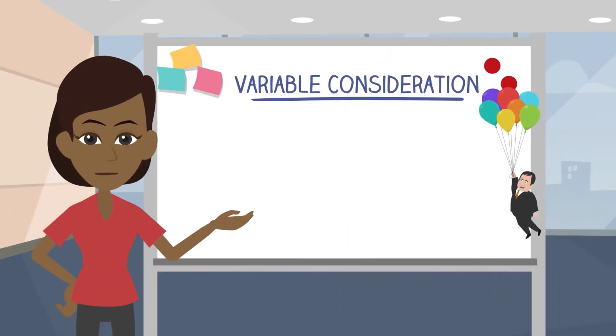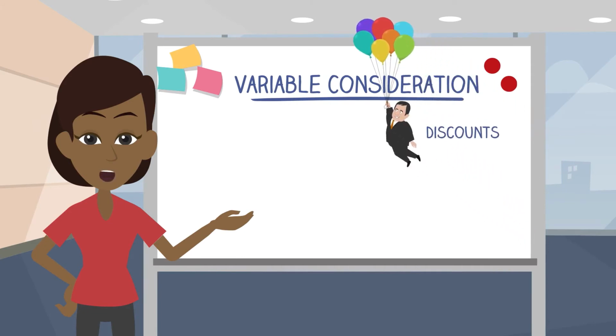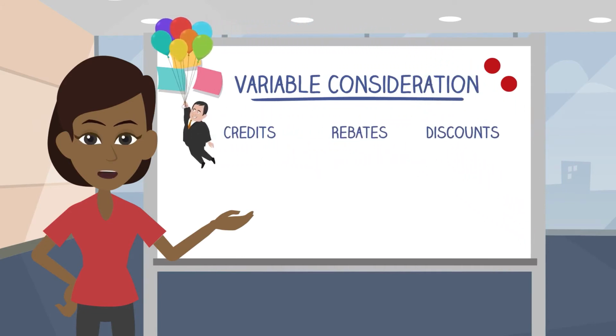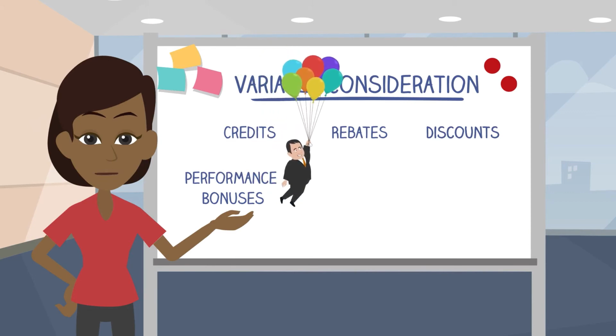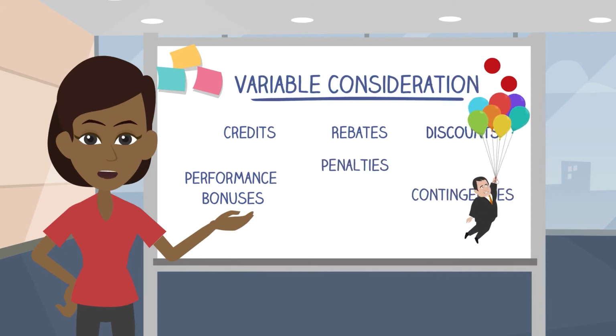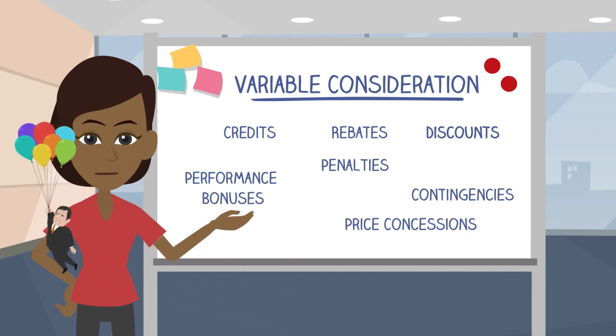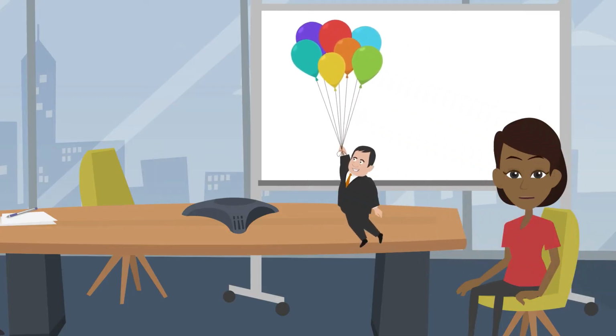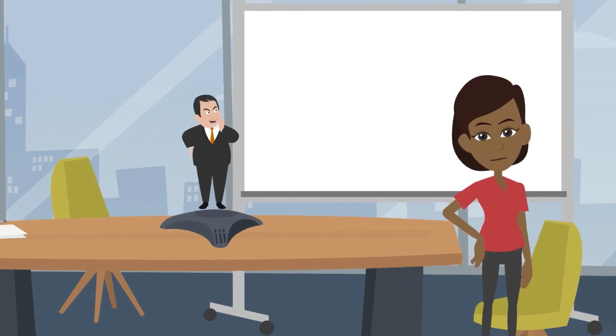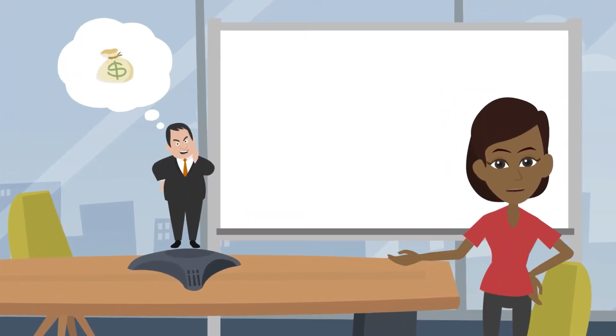Examples of variable consideration include discounts, rebates, credits, performance bonuses, penalties, contingencies, and price concessions. Although variable consideration is now included in the transaction price, it's not a free-for-all. There's a concept within ASC 606 called the revenue constraint.